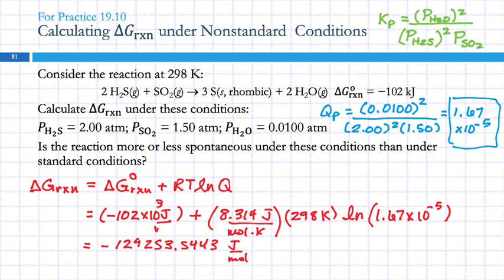I forgot the per mole here. So this obviously should be in kilojoules. So move the decimal over and call this negative 129 point, oh, probably 129 is good, kilojoules per mole.